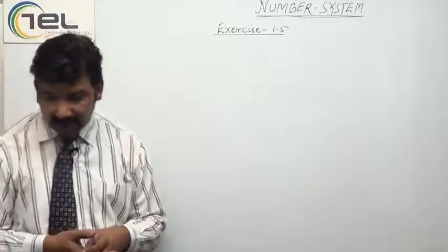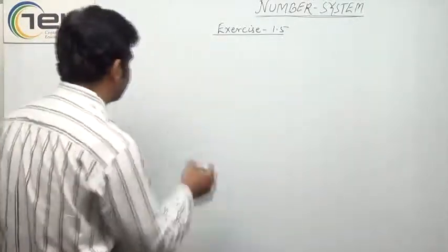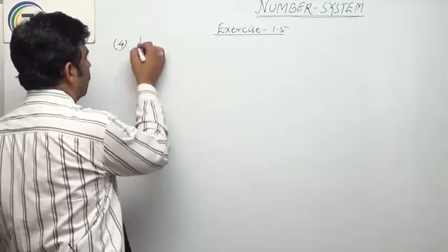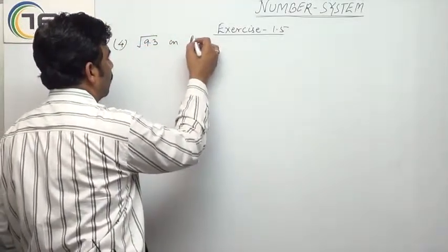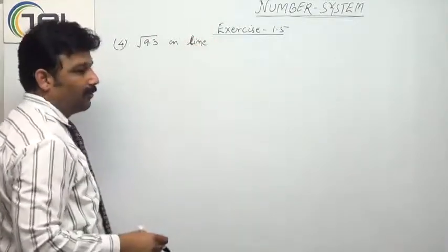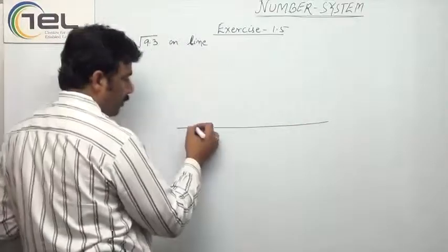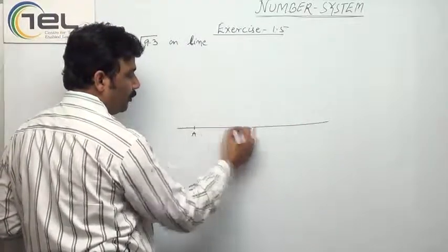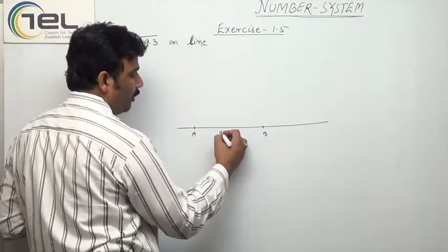Now let's say the next question is, represent root 9.3 on the number line. So what we'll do is, same as the question we have done, we take point A, and I will draw a point B which is 9.3.